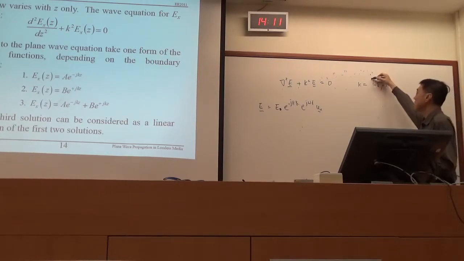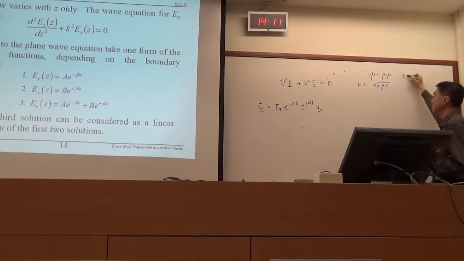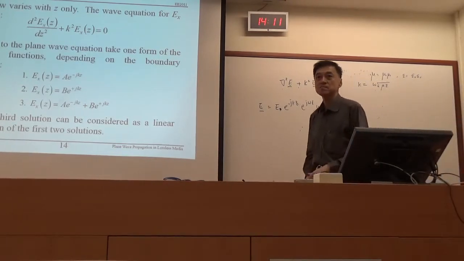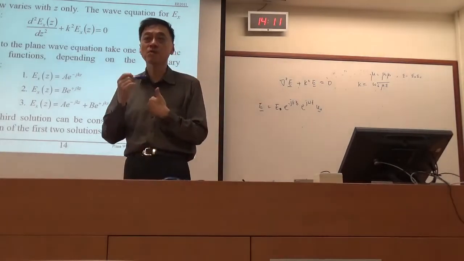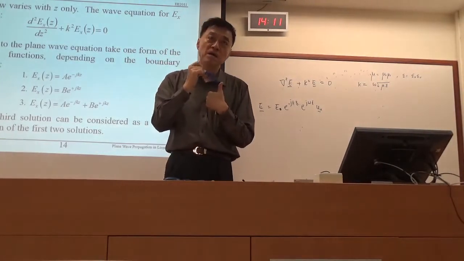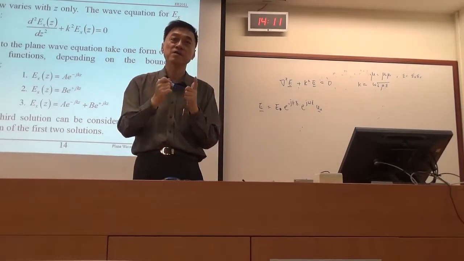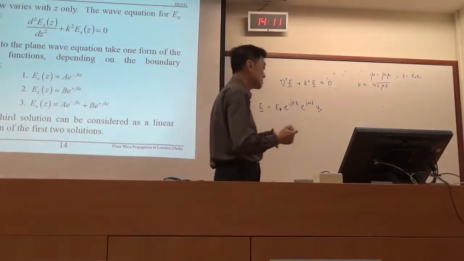Remember, when I write mu, I mean μ0 μr. And when I write epsilon, it is automatically ε0 εr, because it should have two components. One component is μ0, one component is μr. And for epsilon, one component is ε0, one component is εr.